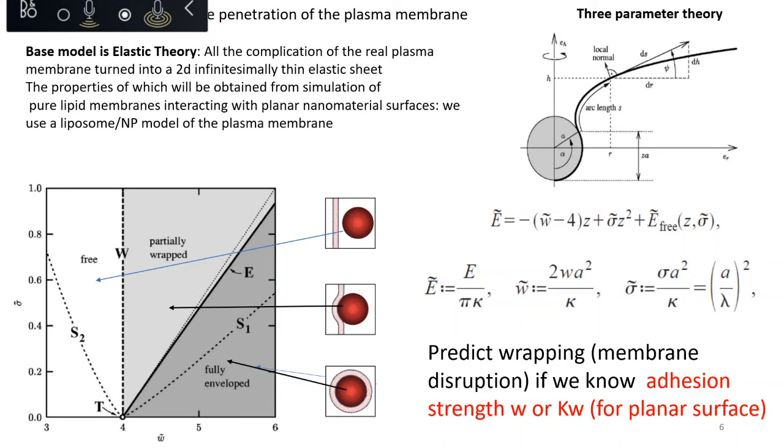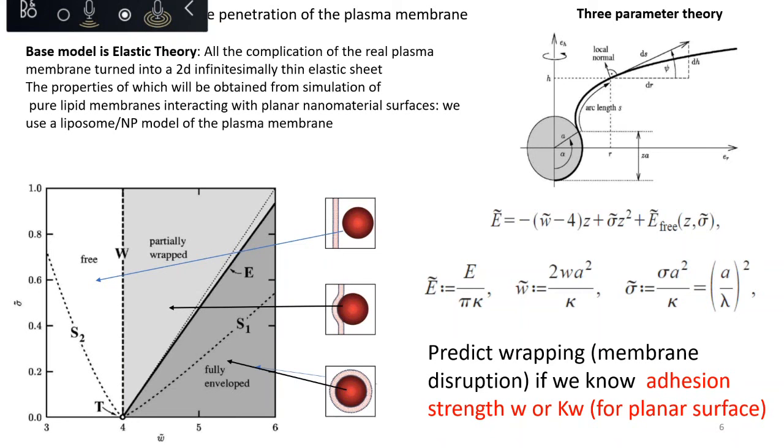And then for increasing values of the reduced absorption free energy, we go through stages of being partially wrapped and fully enveloped. And the fully enveloped state, we would hypothesize, would be the part where the nanoparticle goes through the membrane and is then taken up by the endocytic pathway.